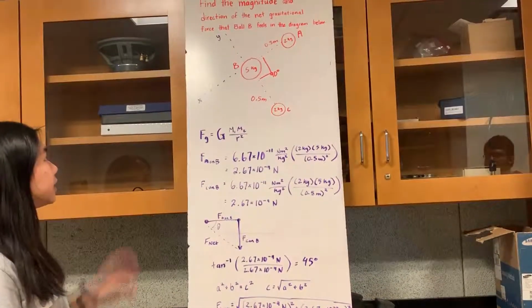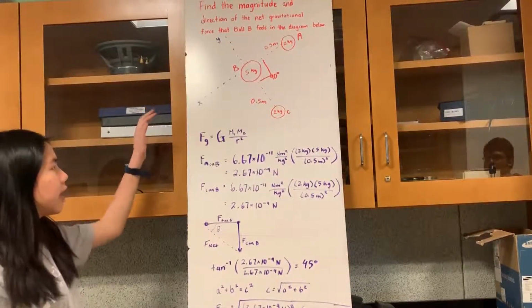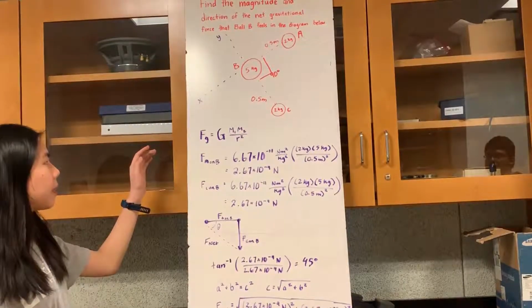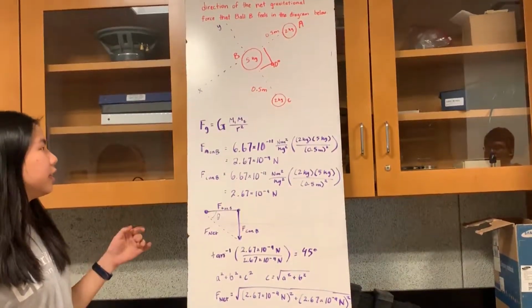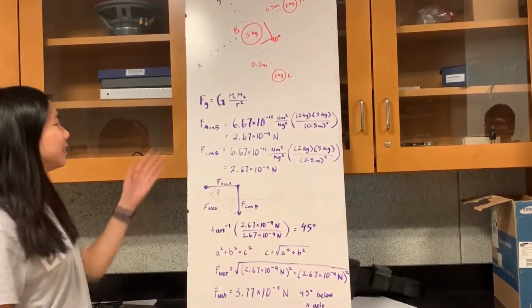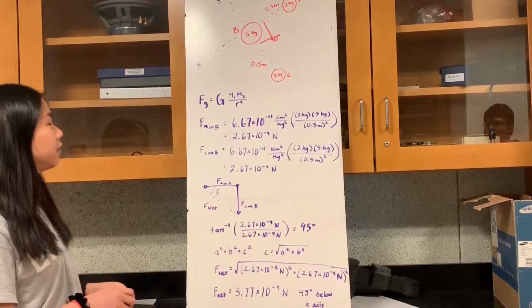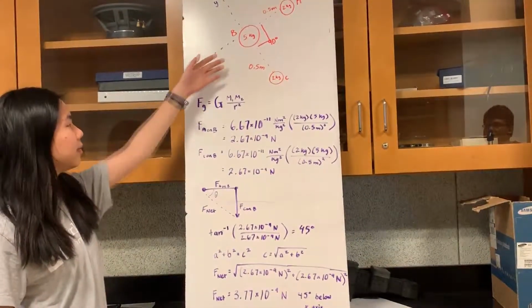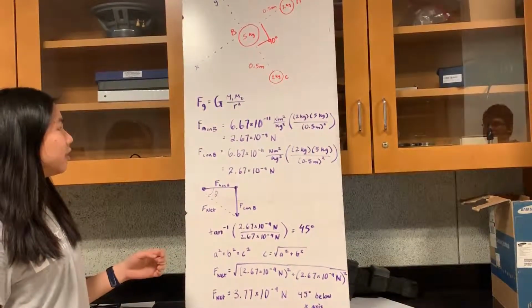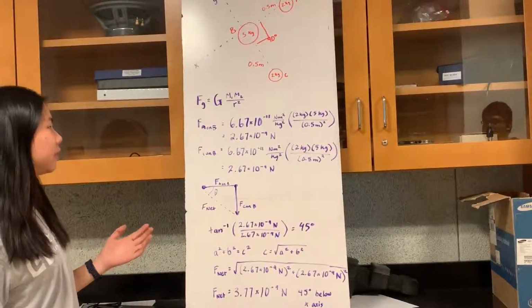So what I first did is I defined an x and y axis, and then I used the gravitational force equation, which is the gravitational constant times the mass of ball A times ball B over the distance squared, which is half a meter.